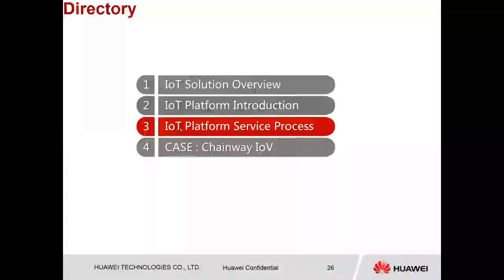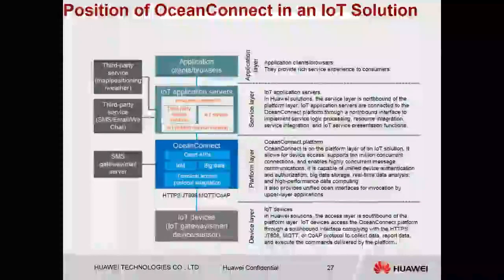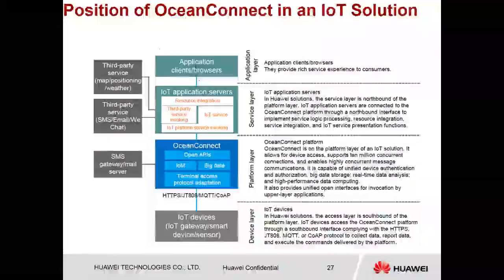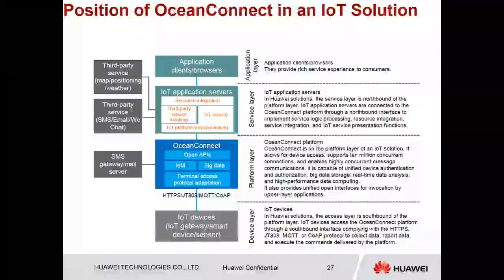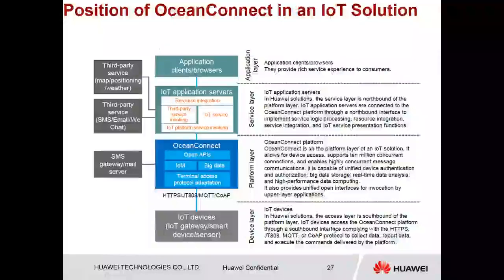Next is the IoT platform service process, the details of how the IoT platform works. This is the simple architecture of our IoT solution. The lowest layer is the IoT devices, like our gateway devices, sensors, and cameras.